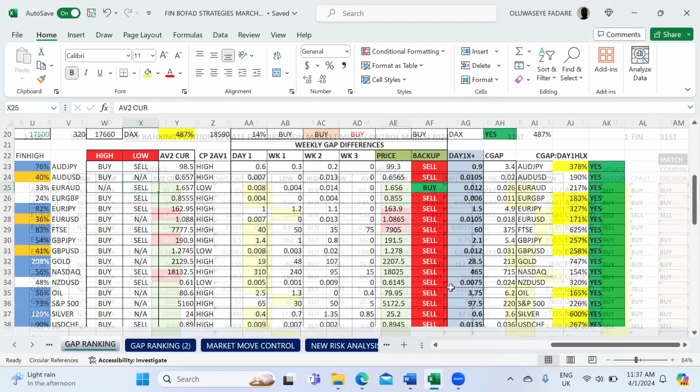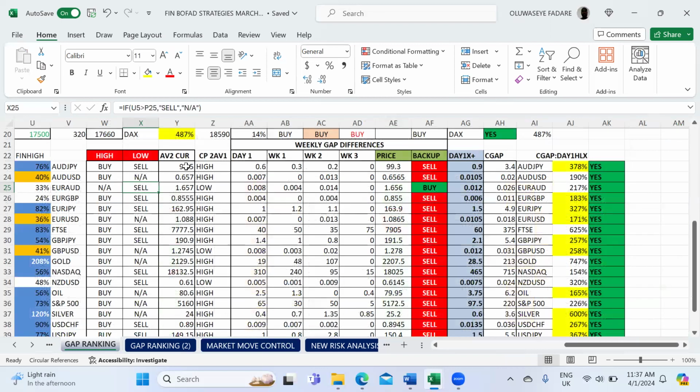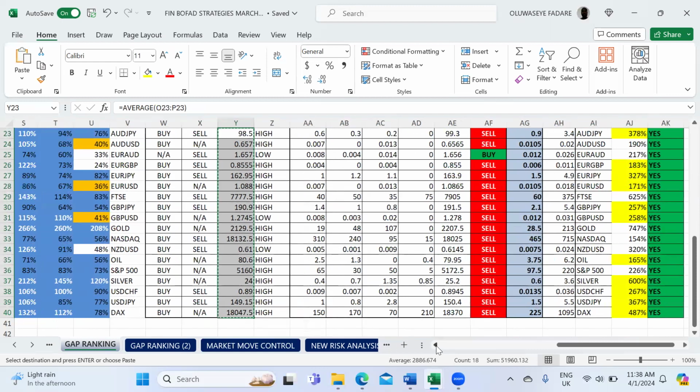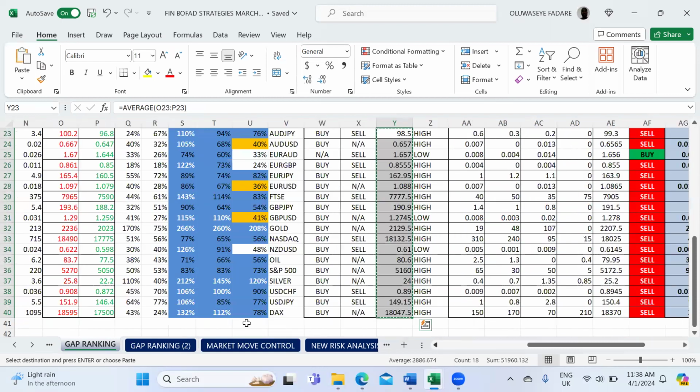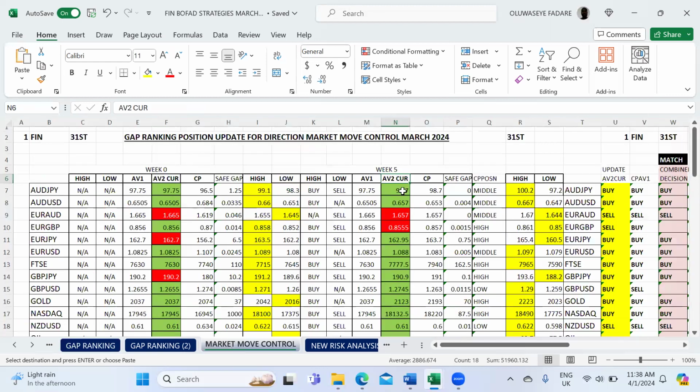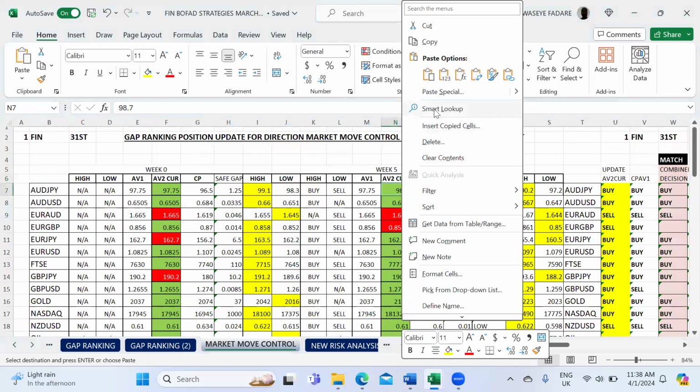Here we get our average two figure from this point, okay? So we come here and copy our average two report, and paste it here.